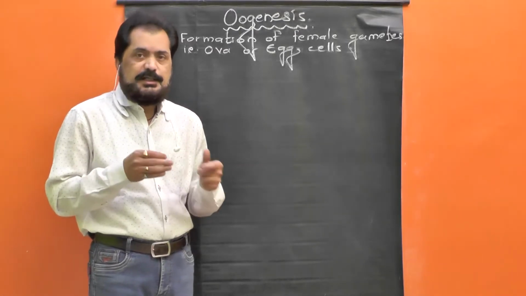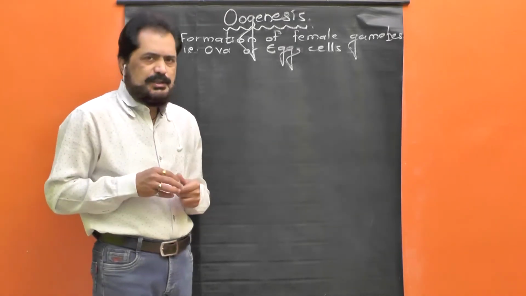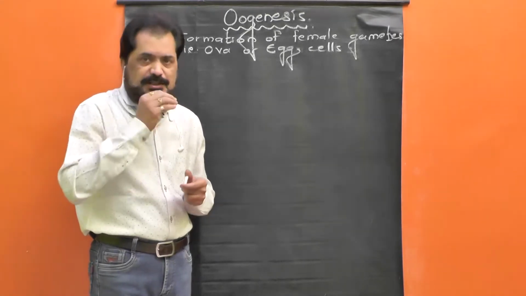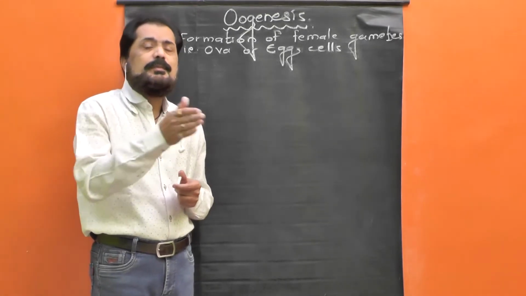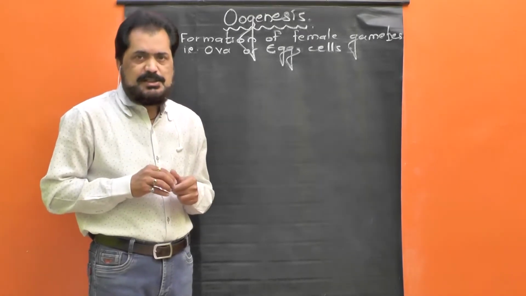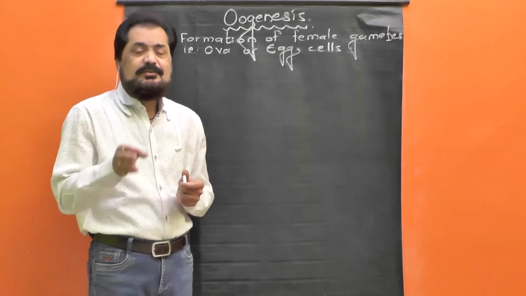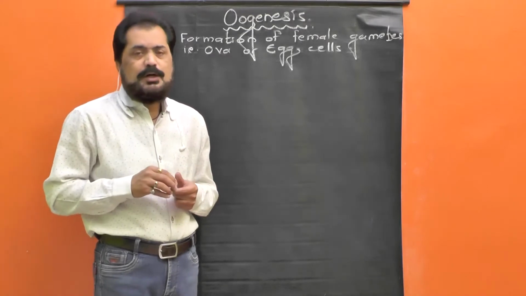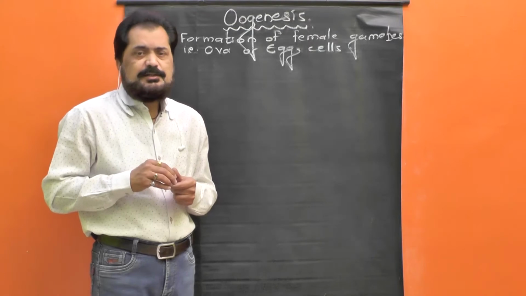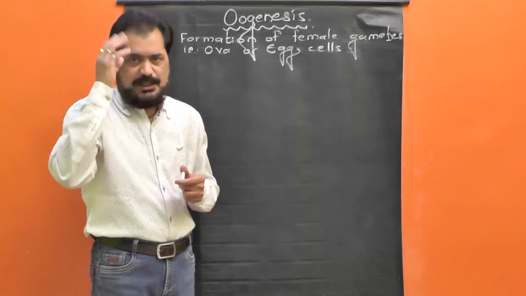Because we have already discussed that in the human female the process of oogenesis, the formation of ova, starts before the birth of the female baby. It means the oogenesis starts in the ovary of that female fetus before birth, and it completes only during fertilization.